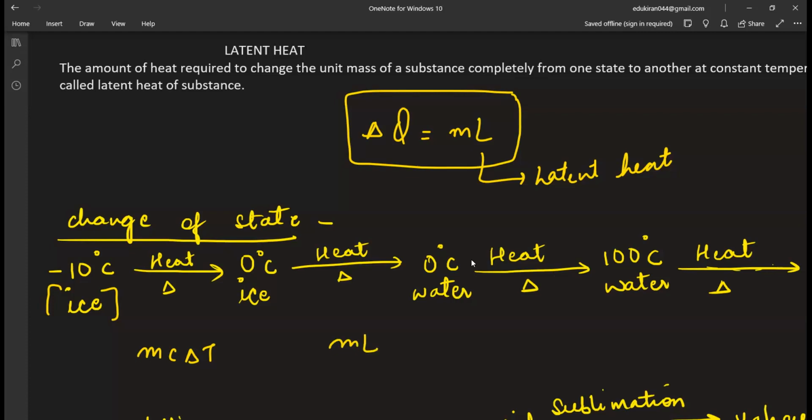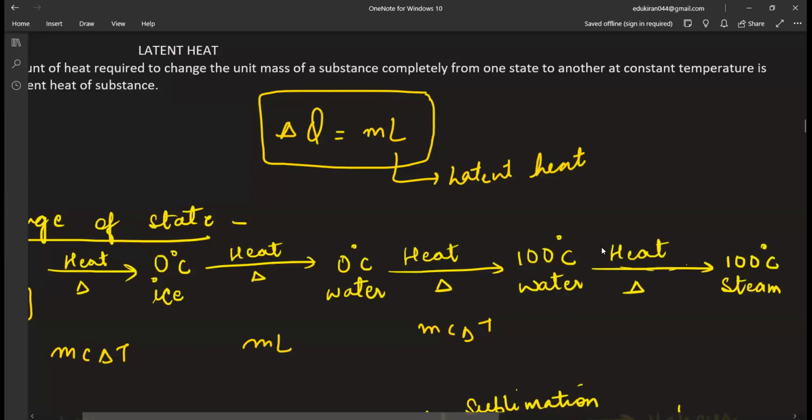Then again you provide heat. Now water will remain water, but it will change from 0 degrees Celsius to 100 degrees Celsius. So here we use the formula MC delta T. Then 100 degrees Celsius water becomes 100 degrees Celsius steam. So temperature is not changing, only state is changing, so we use ML. Understood? Very easy.